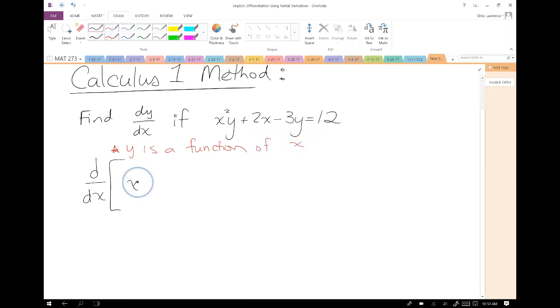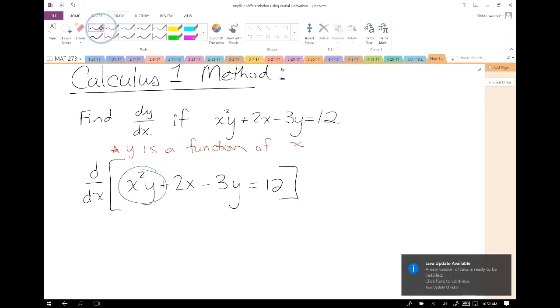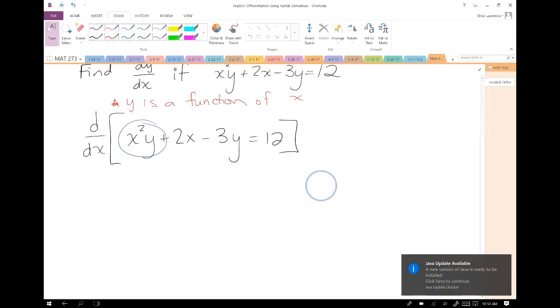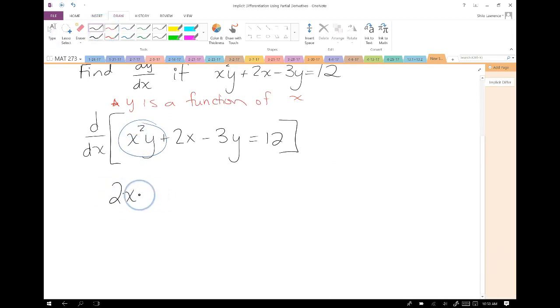So we just go through and differentiate everything with respect to x, and we have to remember that y is a function of x. So this first term, we've got to do the product rule. So I'm going to do the derivative of the first times the original second, plus the original first times the derivative of the second, and the derivative of y we write as dy dx.